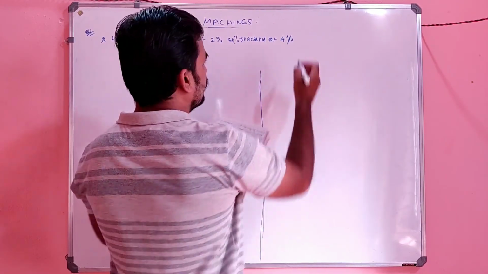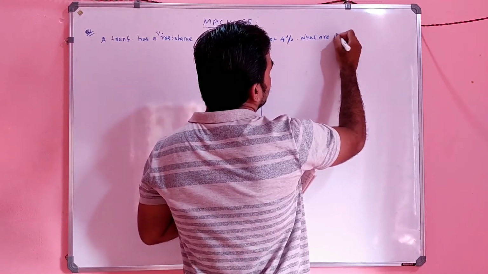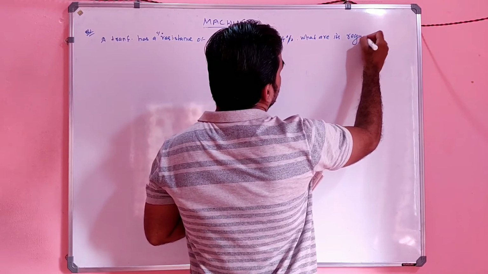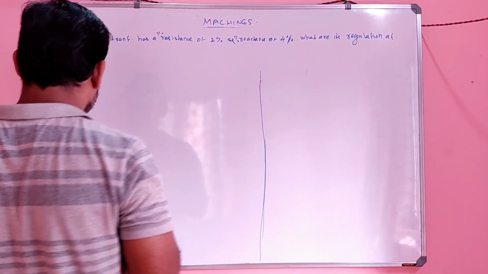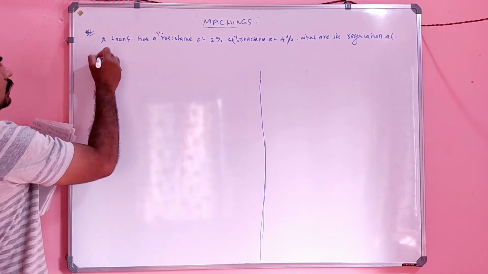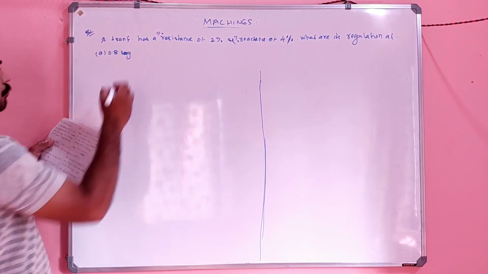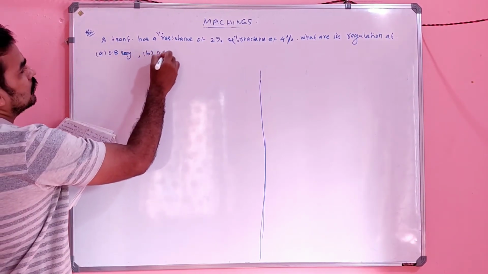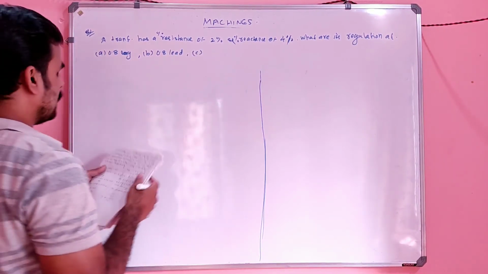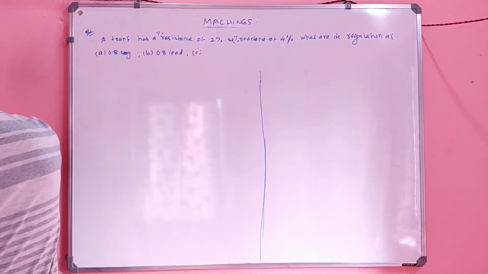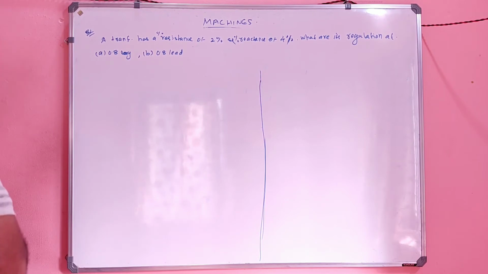What is its regulation at A, 0.8 lag, B, 0.8 lead, and C, unity? 0.8 lag and 0.8 lead only.